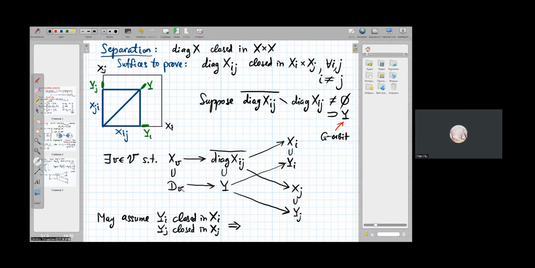By properties of elementary embeddings, which we discussed at the previous lecture, we get that the vector v defining this elementary embedding belongs to the relative interiors of both cones, Ci relative interior and Cj relative interior. And also it is a vector in the valuation cone, so it belongs to this intersection. But this is a contradiction.